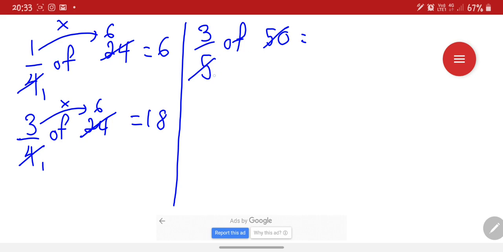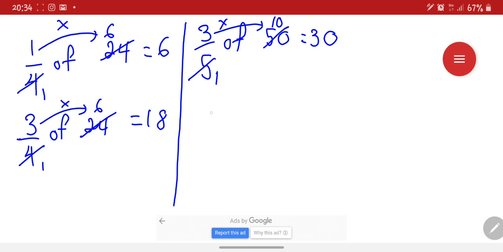So 50 divided by 5, so you get 1 here. 50 divided by 5 is 10. So now you multiply these two numbers. Numerator multiply with the whole number that you just received. So 3 times 10 is 30. Alright, so that one is over 5.